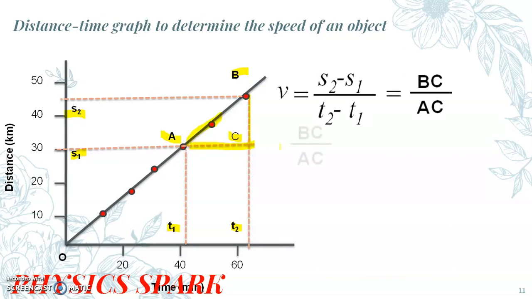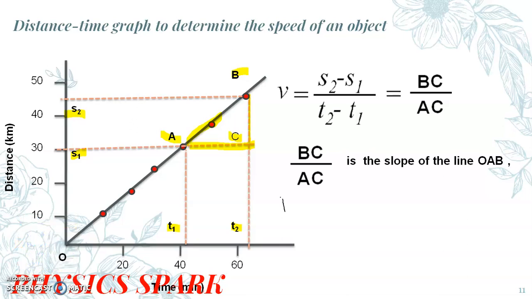Clear? But this BC divided by AC is the slope of the line OAB, and we know that slope is always given by the position of an object along the y-axis divided by its x-axis, that is y divided by x.